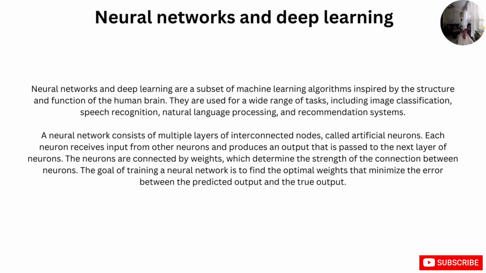Each neuron receives input from other neurons and produces an output that is passed to the next layer of neurons. The neurons are connected by weights, which determine the strength of the connection between neurons. The goal of training a neural network is to find the optimal weights that minimize the error between the predicted output and the true output.